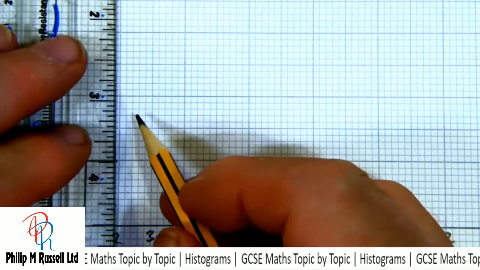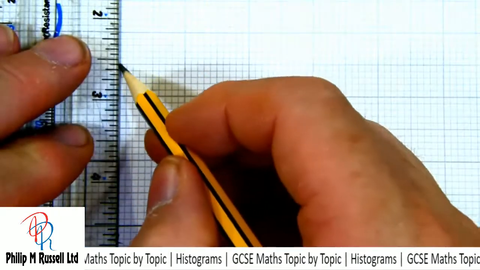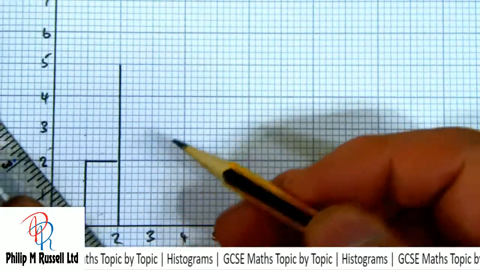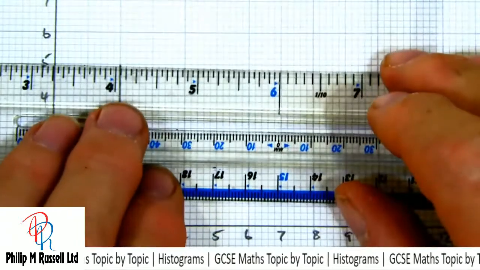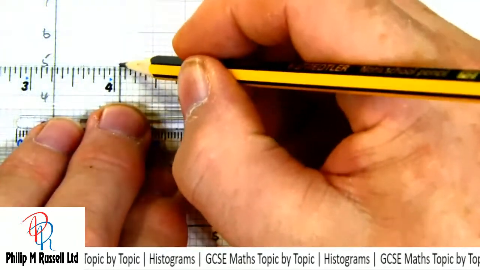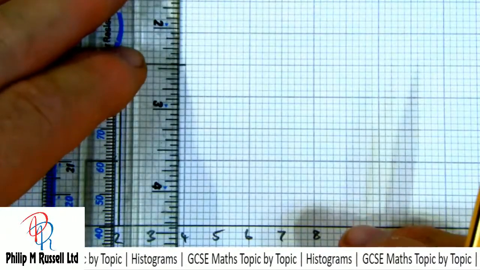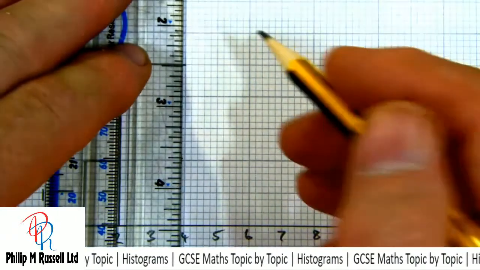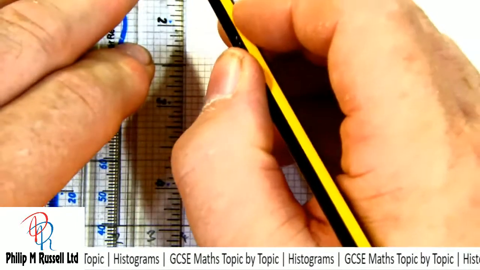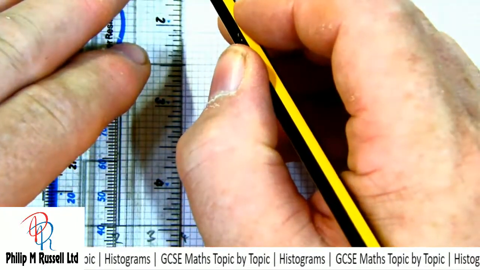So this just represents some data of some sort, and we can have different widths, and these can represent various different things.